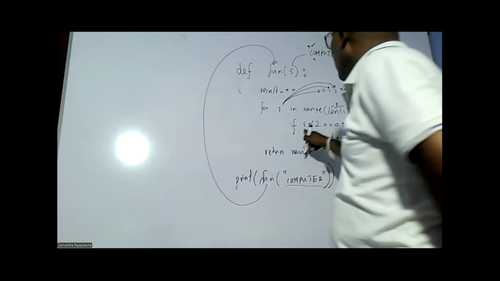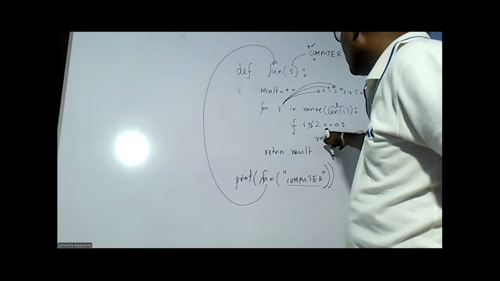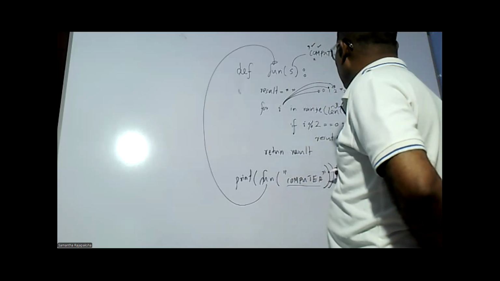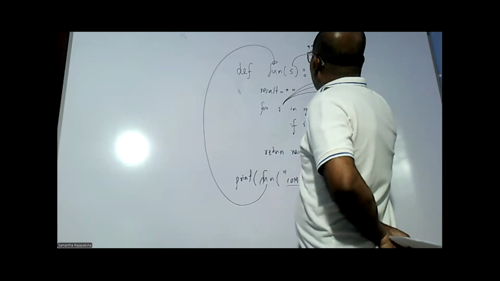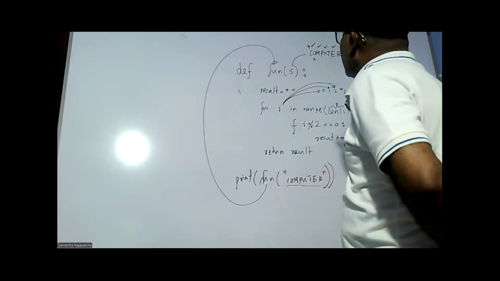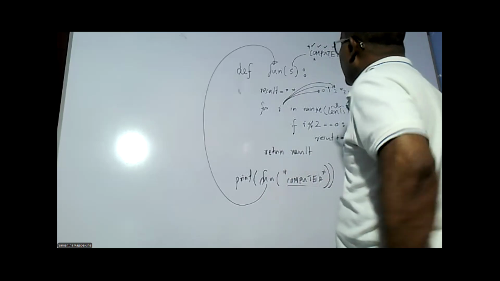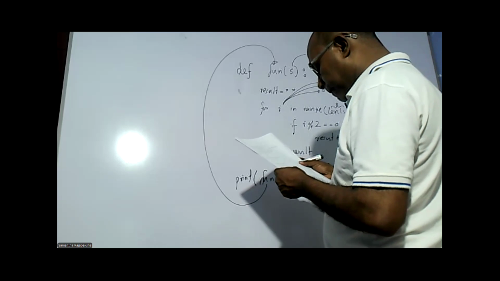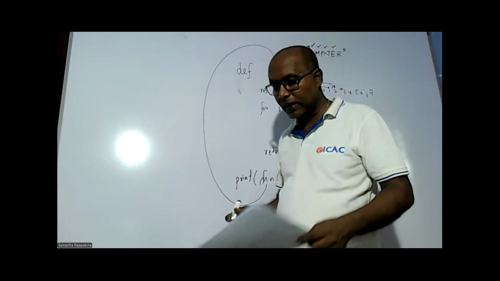I equals 2 means 2 divided by 2, remainder is equal to 0. This is true. That means N will be added. So basically it will add C, N, but not P, and then U, but not T, and then E. So basically it will add C, N, U, E. Is that clear?